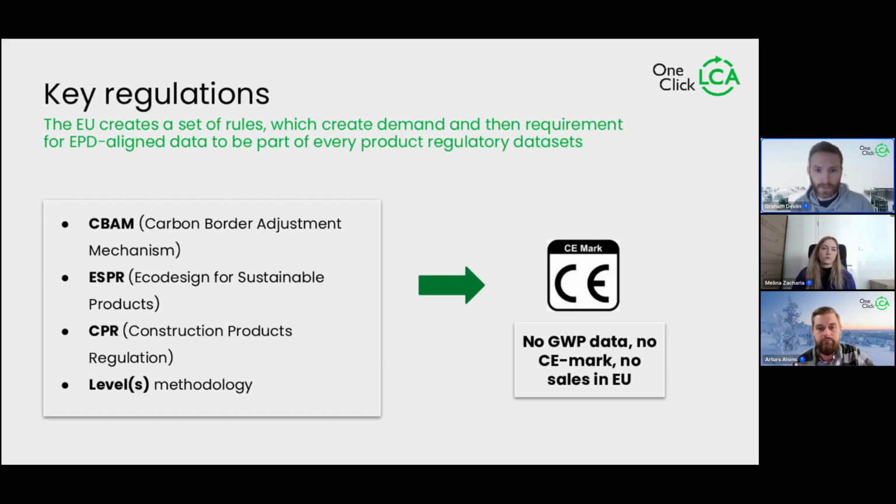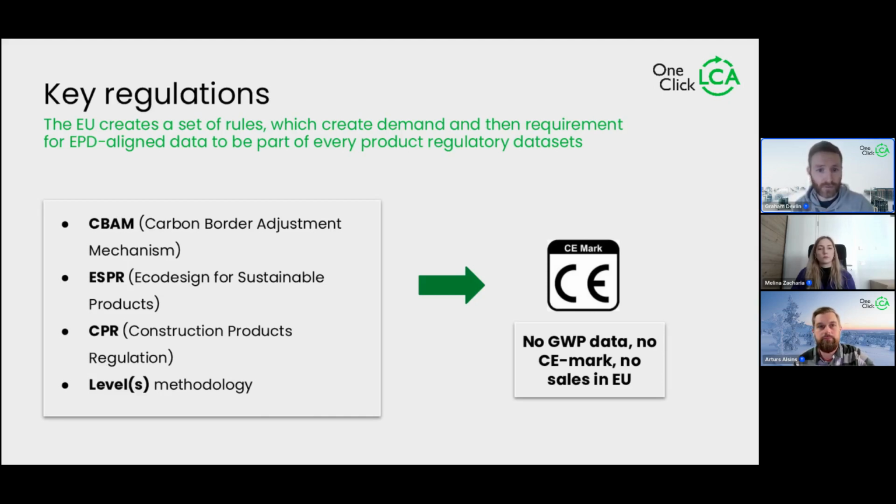So highlighting a few things that are worthwhile and interesting to be aware of, starting with CBAM, the Carbon Border Adjustment Mechanism. This is a policy that essentially imposes a carbon tariff or a price on carbon intensive products that are imported into the EU. The Ecodesign for Sustainable Products Regulation is a new regulation that aims to improve the circularity, the energy performance, and some other environmental sustainability aspects of EU products.